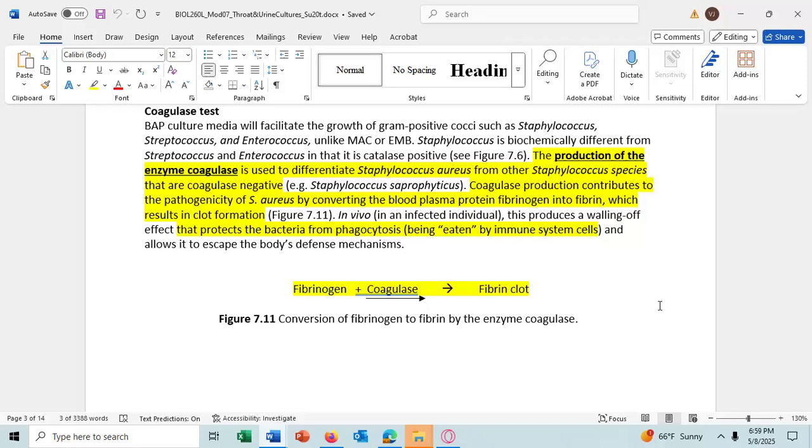So the clot from the enzyme coagulase helps protect the bacteria from phagocytosis by the immune system cells. What happens is fibrinogen in the plasma will get together with coagulase to make the fibrin clot, and the fibrin is the fibrinogen after the coagulase, which will then begin clotting the blood.